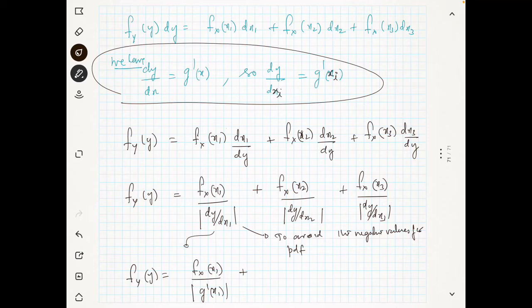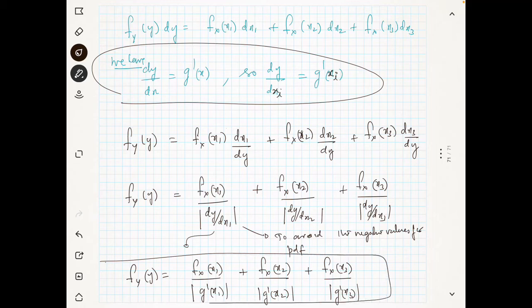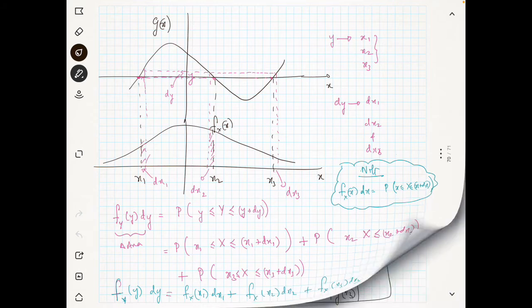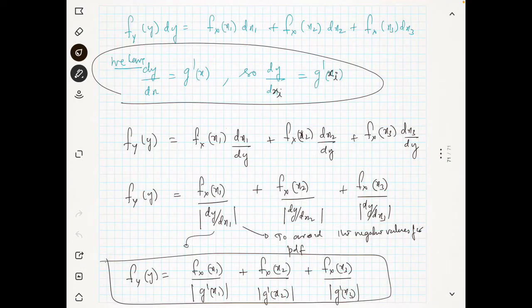So this is plus fX of x2 divided by the absolute value of g dash of x2, plus fX of x3 divided by the absolute value of g dash of x3. So this is nothing but the proof of this. For this particular example, while proving, I have considered only 3 roots. If you have a lot of roots, then it will be like plus fX of x4 by g dash of x4, and so on.